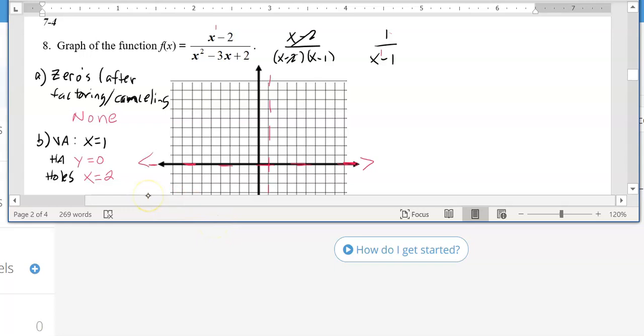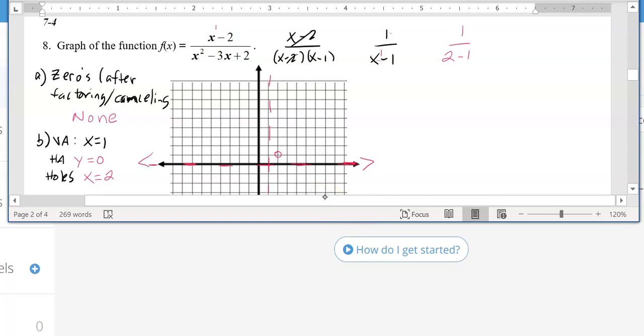Okay, and we can go ahead and do that now. Go ahead and substitute 2 in for x and see what comes out. So if you put 2 in for x, 1 over 1, when x is 2, the output is 1. So we know that when we do our graph, we're going to have a hole in it at the point 2, 1.